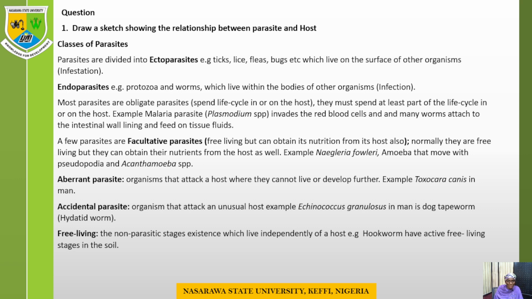Then we have another class of parasites referred to as endoparasites. We have examples, protozoa and worms. These are the large ones. They live within the bodies of other organisms, and we refer to that as infection.